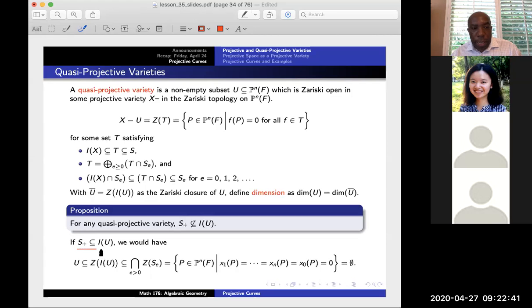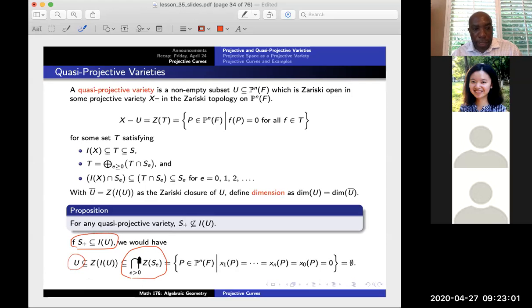Well, if the irrelevant ideal were contained in this prime ideal, then we actually know that U, our quasi-projective variety, would have to be contained in this intersection. Remember the S plus just is the union.